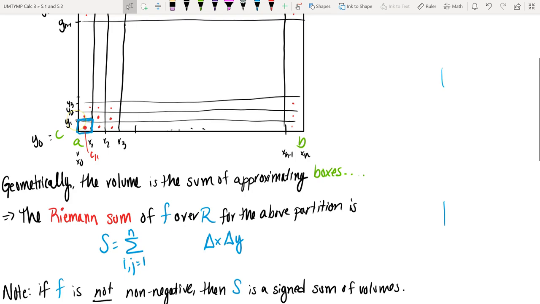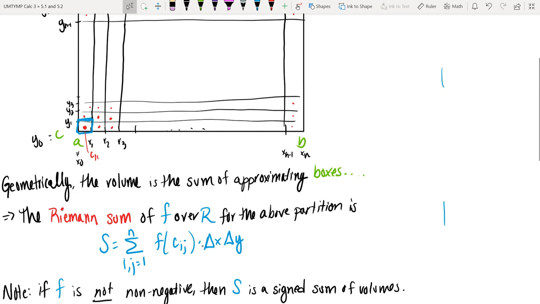So delta x and delta y give the area of this little region, and then to extend it up to the surface is where the function comes into play, and this would be f of c_{ij} for whichever one I'm in. That would just be the Riemann sum.